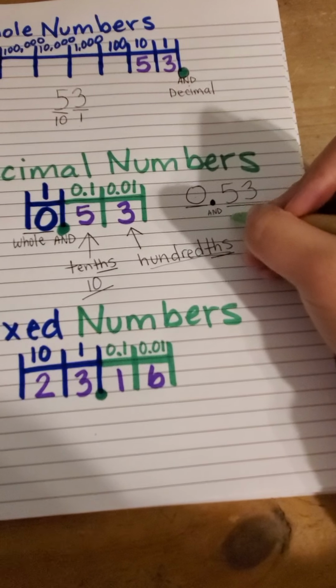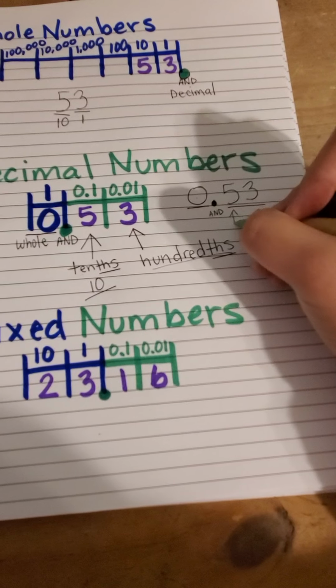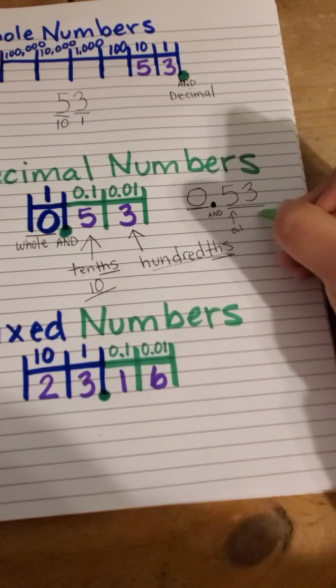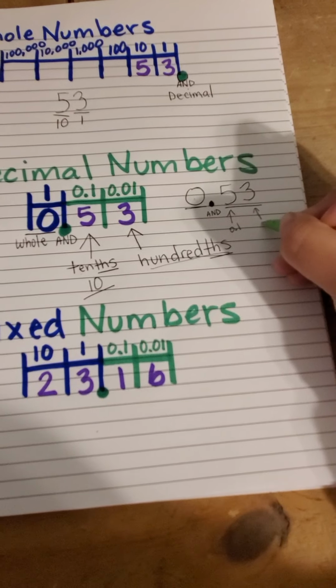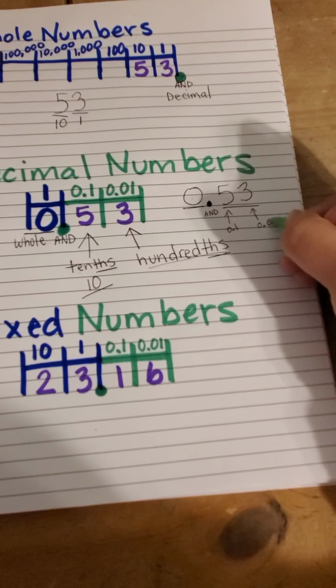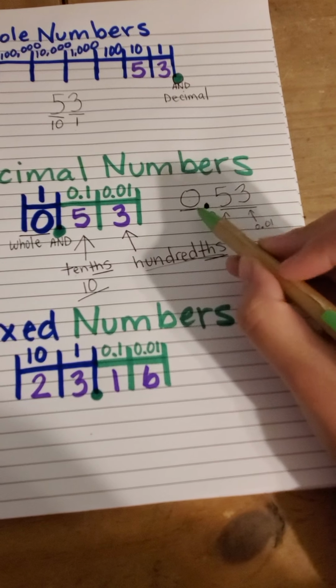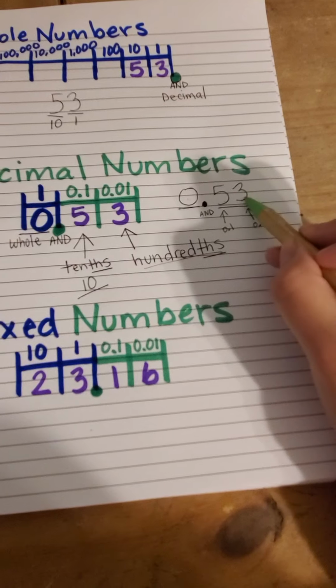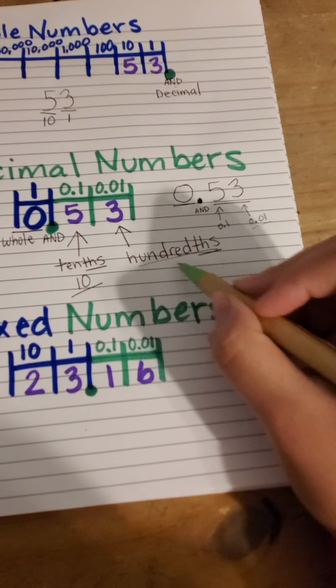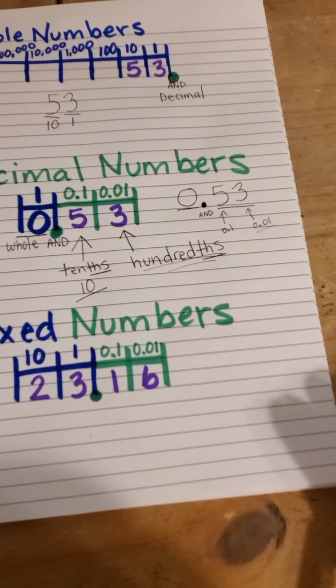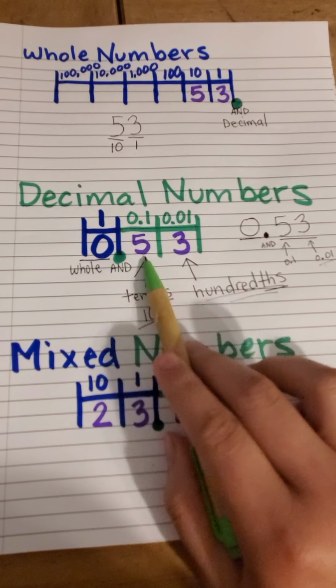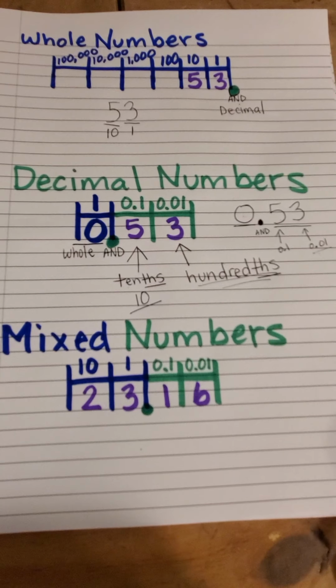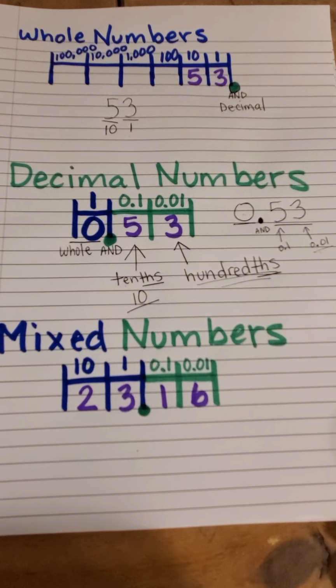The 5's in my tenths place, and the 3 is in my hundredths place. So I'm going to read it 0 and 53 hundredths. So these two place values are the two new place values we're going to be working with this year.